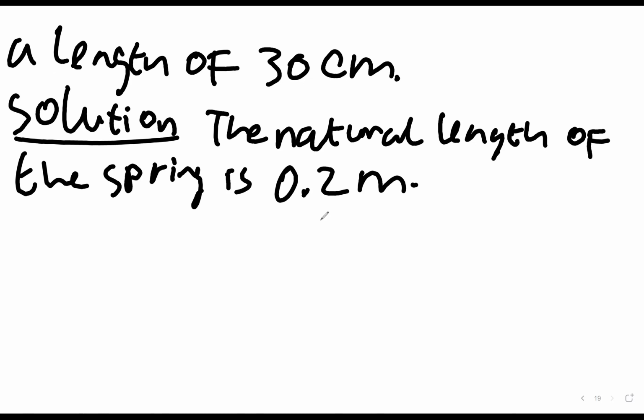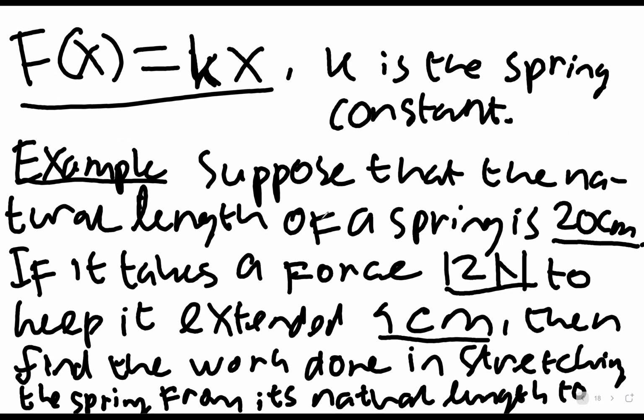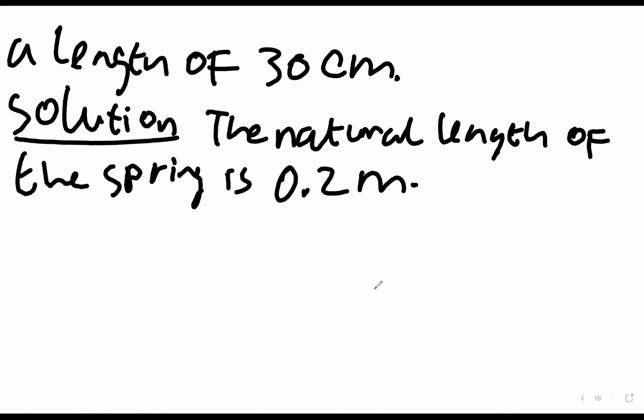And then the next step will be to find the spring constant, to find k here. How do we find k? Here we have the force is 12 Newton, and then the displacement here is 4 centimeter.